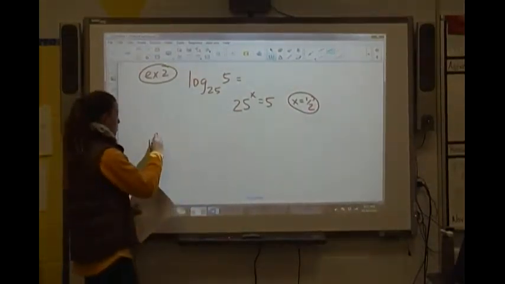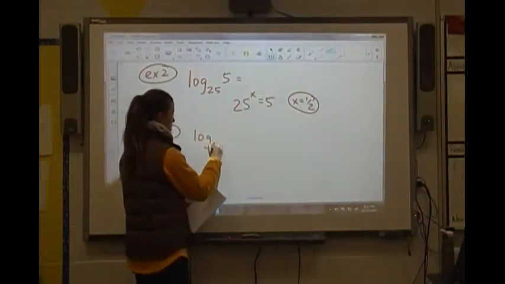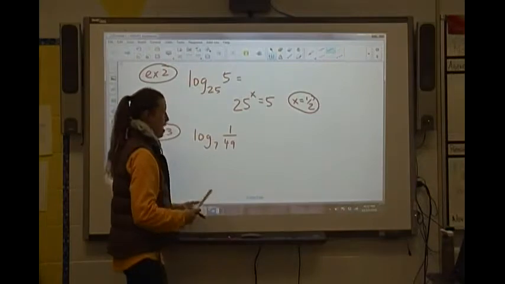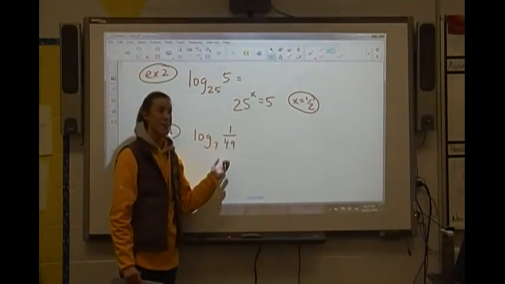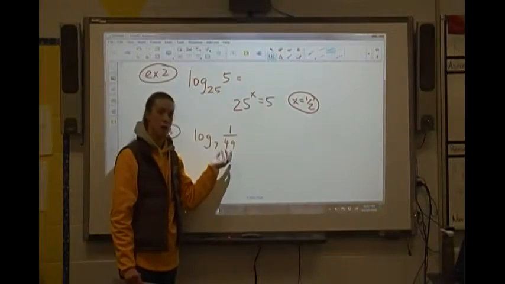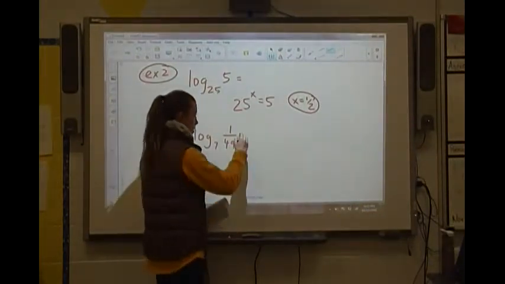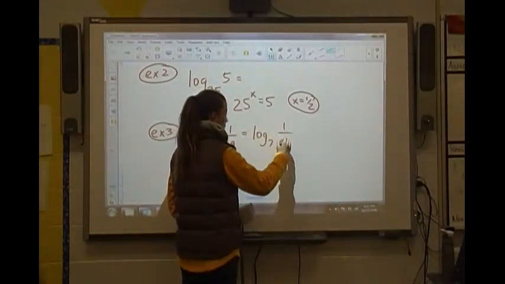All right, this next one, example 3. We've got log base 7 of 1/49. And now I'd like you to try to change 1/49 into something that has a base of 7, because that's going to really help us. So hopefully you can come up with log base 7 of 1/7 squared.